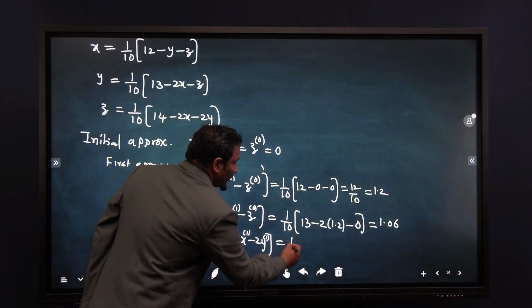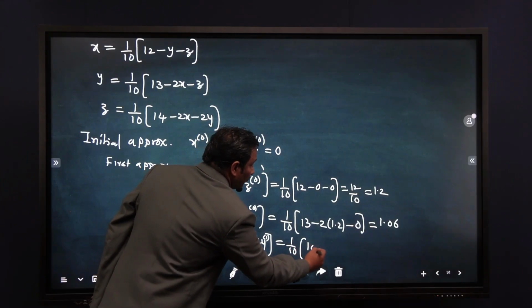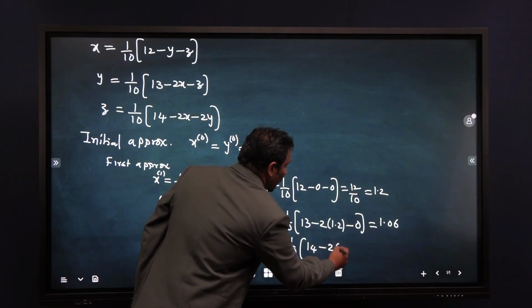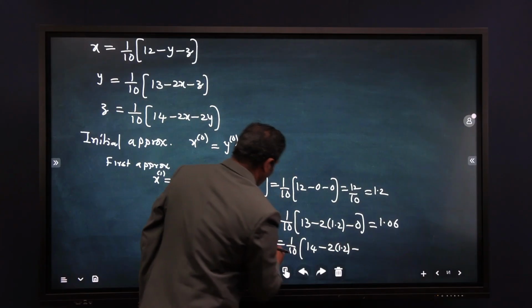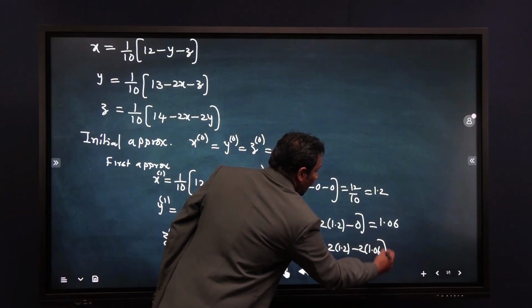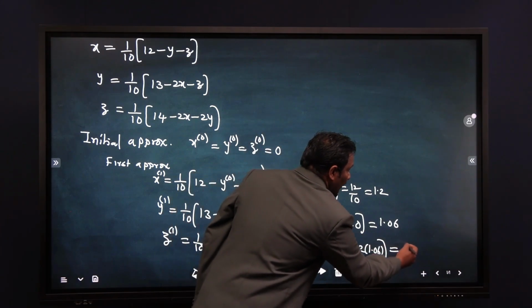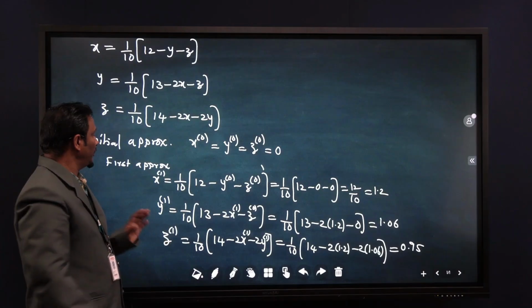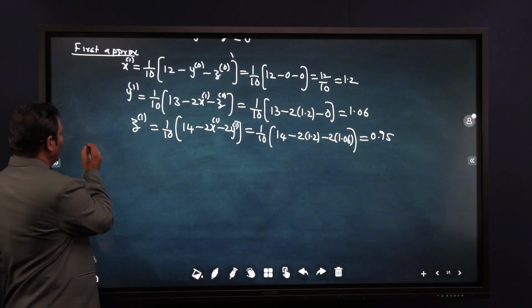So 1 by 10 times (14 minus 2 times 1.2 minus 2 times 1.06). On calculating, we get 0.95. This is the way to find the first approximation. Now the second approximation.